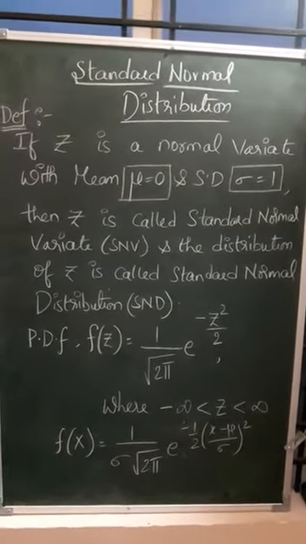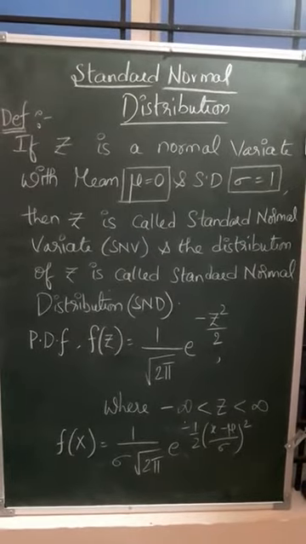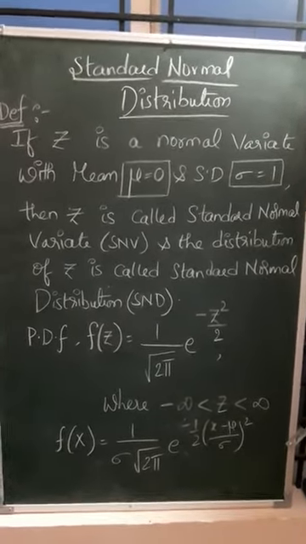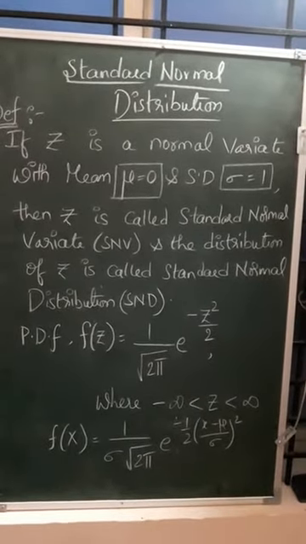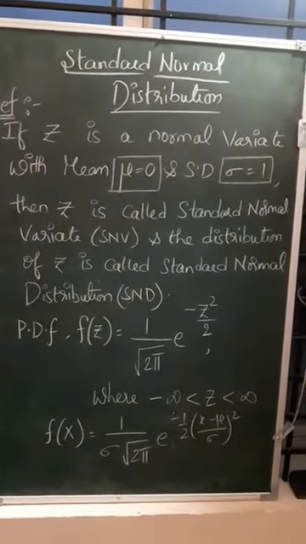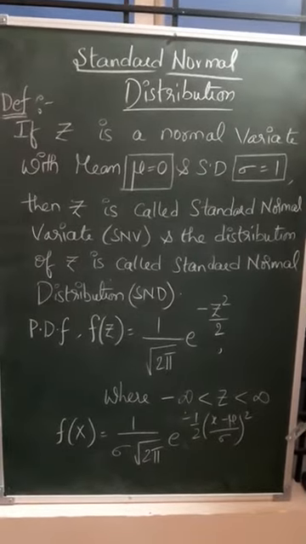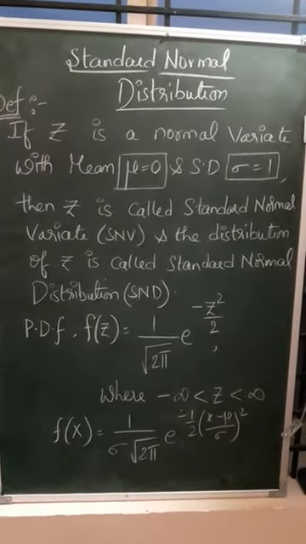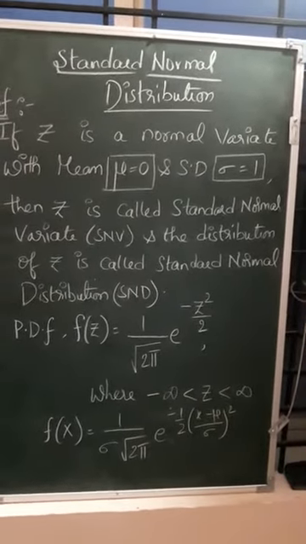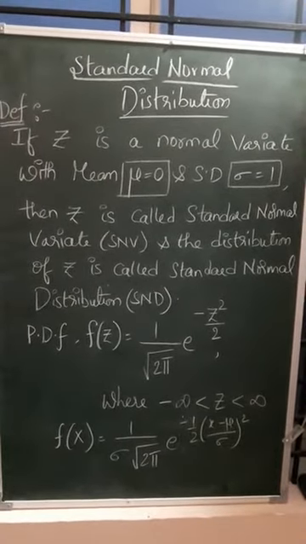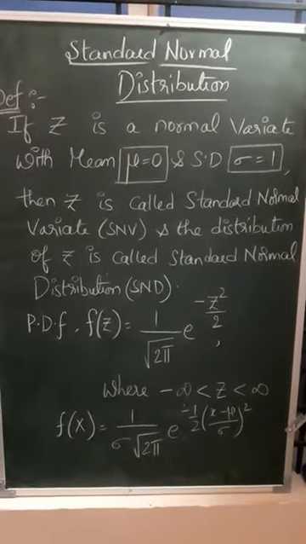Isn't it? X follows standard normal variate. That's why in place of x I have taken Z, converted x as Z. So e power of minus 1 by 2 of x minus 0 divided by sigma, which is 1, whole square. X minus mu by sigma, where mu equals 0 and sigma equals 1, becomes x.